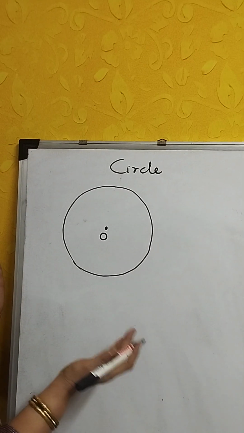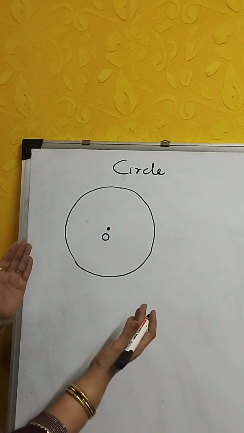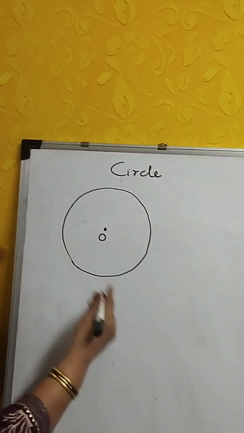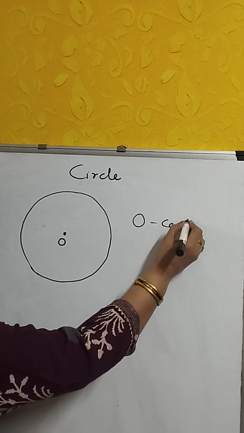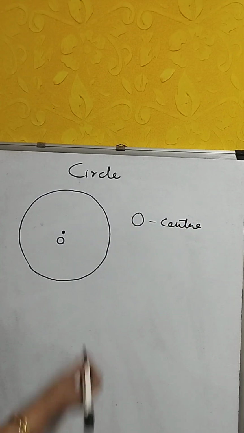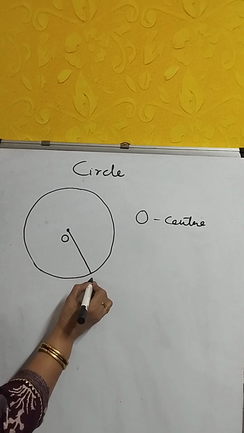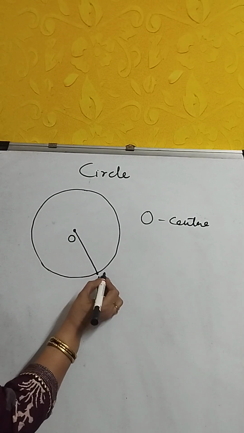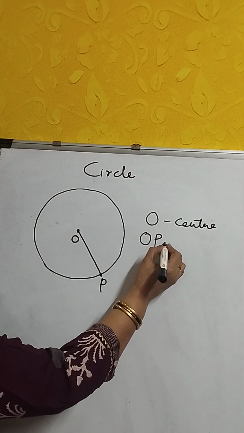Now there are some misunderstandings. What is circumference? What is area? So every point I am going to clear for you. This one, O, we call the center of the circle. Then from O, if you join any point on the circle, OP is the radius. It is a segment.